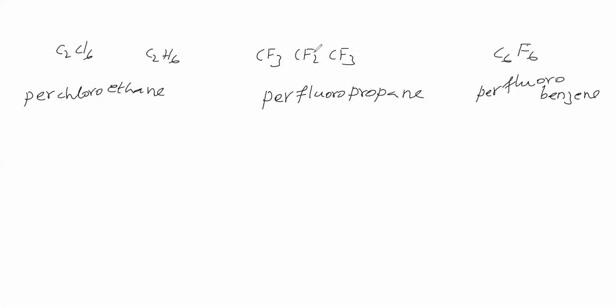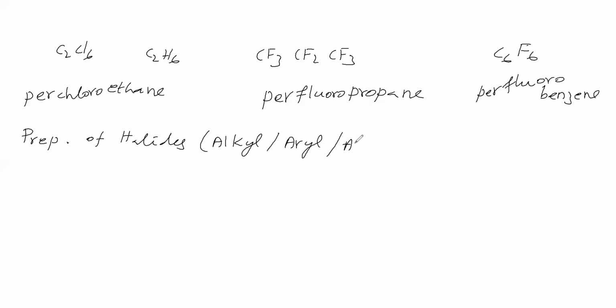Next we will go for preparation of halides. Which halides are we taking? One possibility is alkyl halide, another is aryl halide. Alkyl halide, C2Cl6 is one example. Aryl halide, C6F6 is also one example.